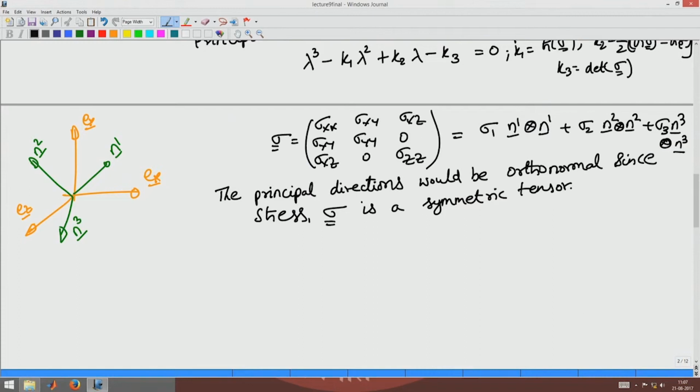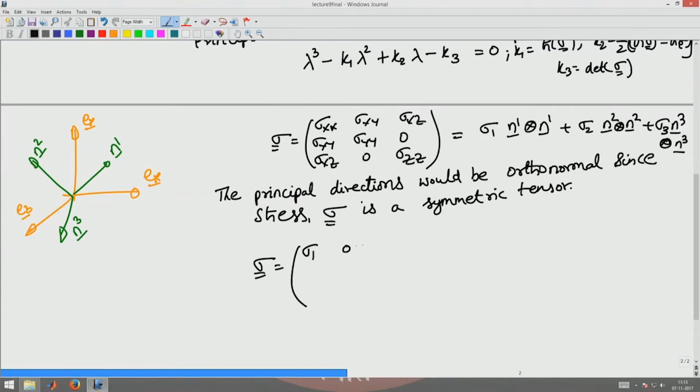Now, if I represent this in matrix form, sigma would be of the form sigma 1 0 0, 0 sigma 2 0, 0 0 sigma 3. Because there exists an orthogonal matrix which connects Ex, Ey, Ez to n1, n2, n3. Because both are orthonormal sets, you are assured of a transformation matrix that will do that.